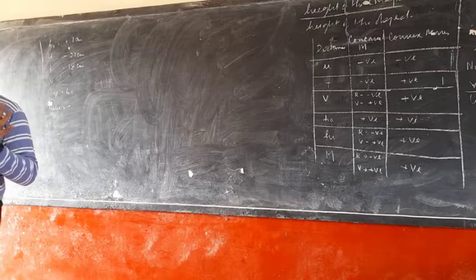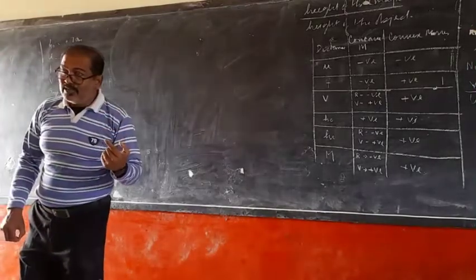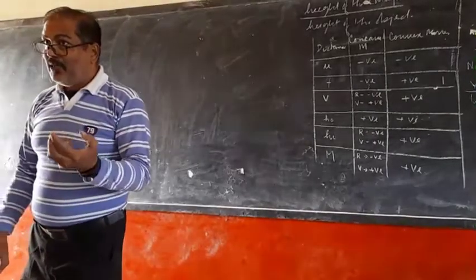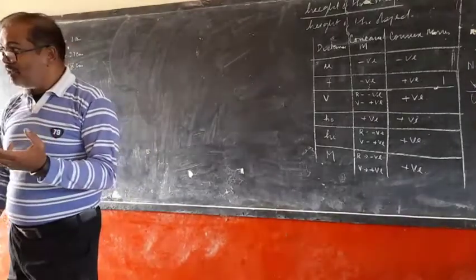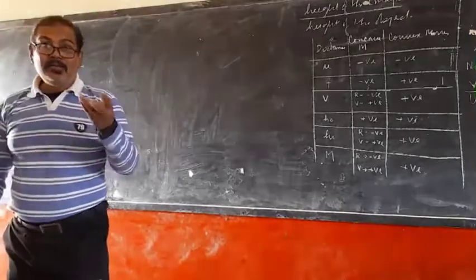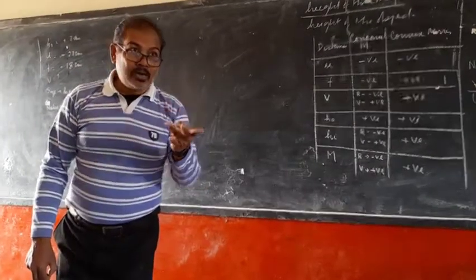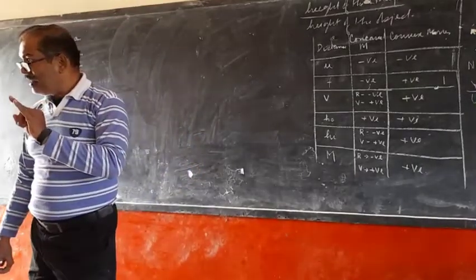This is condition number 4. What is the nature of the image in that condition? Please remember, yesterday you practiced. Real and inverted. Smaller or larger? Larger. We practiced two things in the Venn diagram.